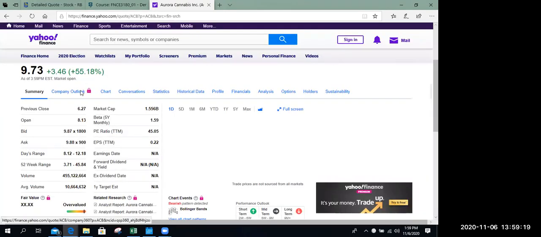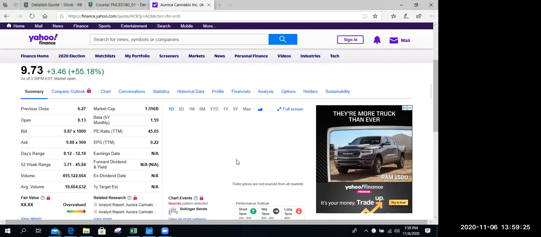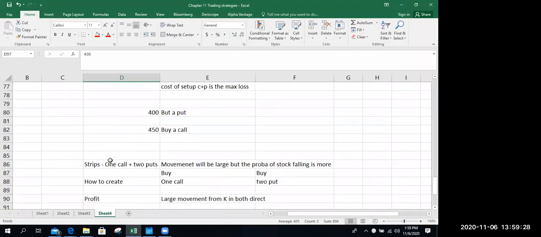With this stock, you thought the probability of that law not passing was more. So you could do a strip strategy. You could buy one call and two puts.